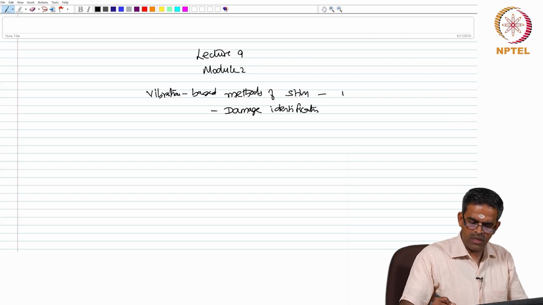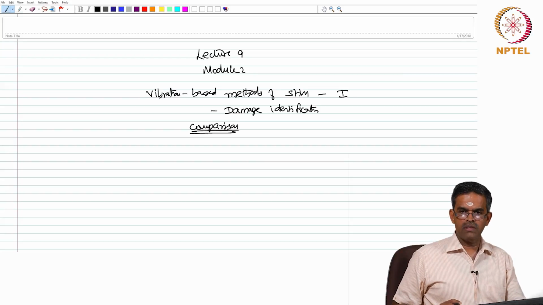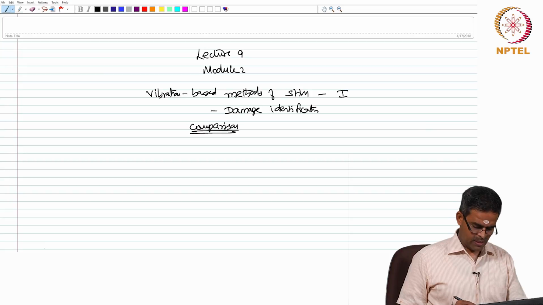We will call this section number 1, simply comparison. Let us see the benefits, merits and demerits of different methods which are used essentially for damage identification, understanding the crux of which method can be used for what kind of problem. We will look into that angle very strictly.